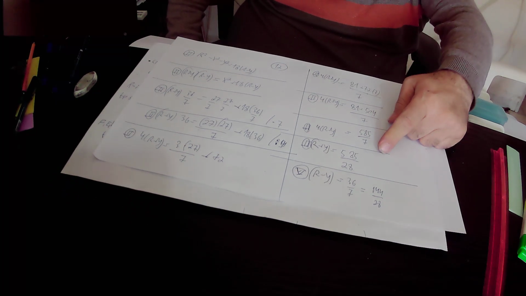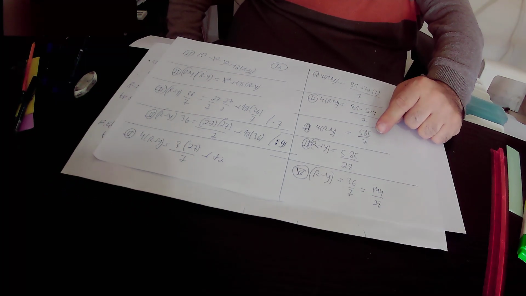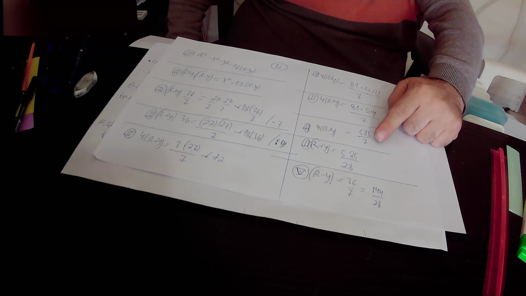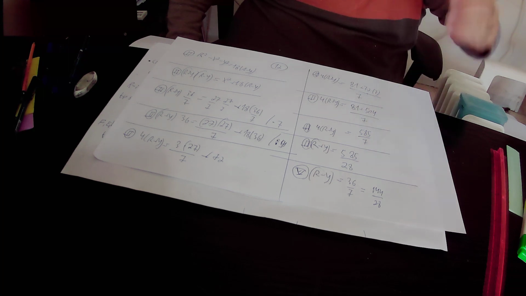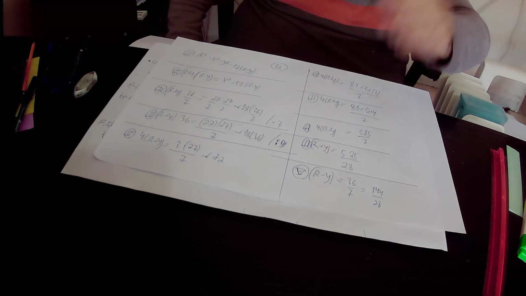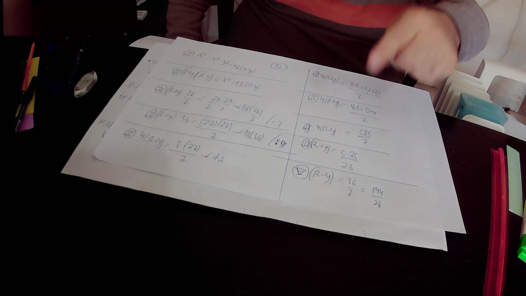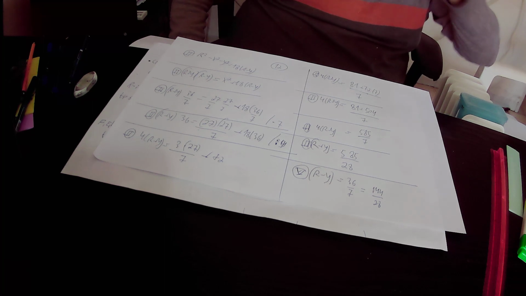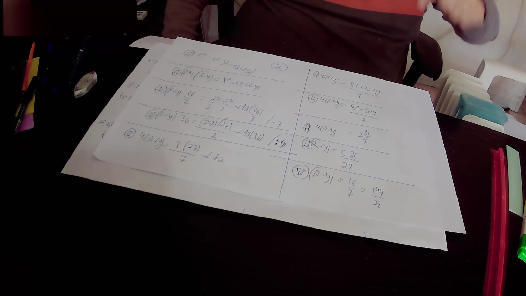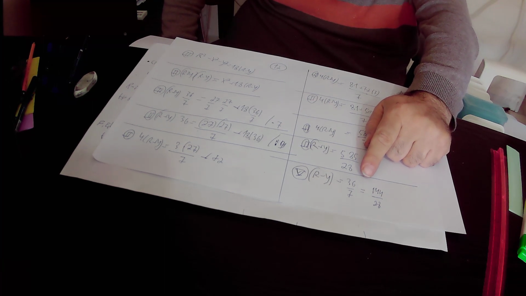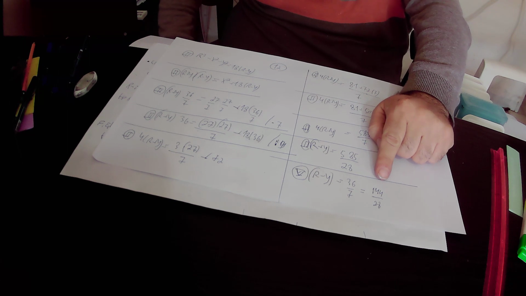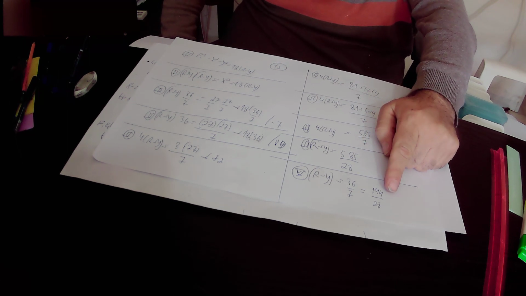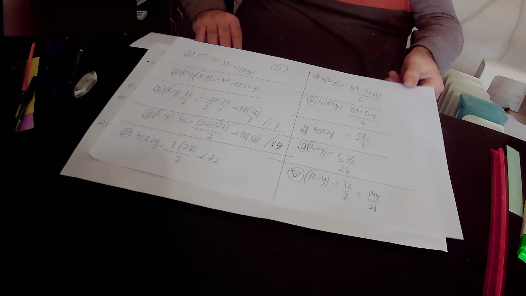So we divided this equation by 4, and we got that r plus y equals 585 over 28, and we already found out that, according to equation number 5, r minus y equals 36 over 7. Here we multiplied both the numerator and the denominator by 4, and we got that 36 times 4 is 144, and 7 times 4 is 28.